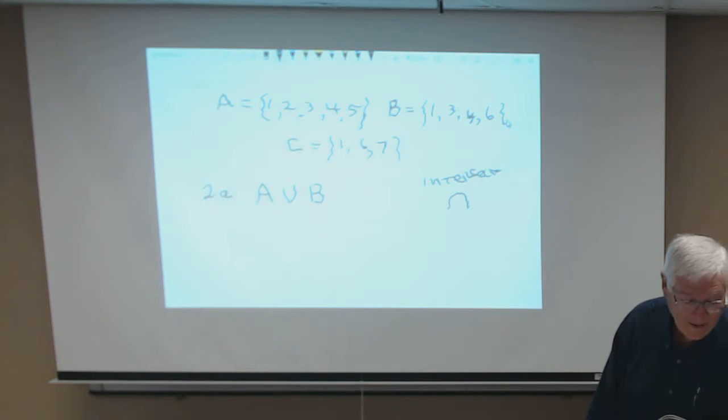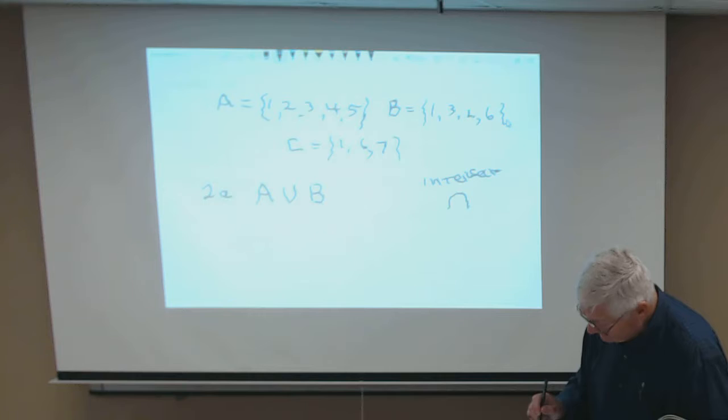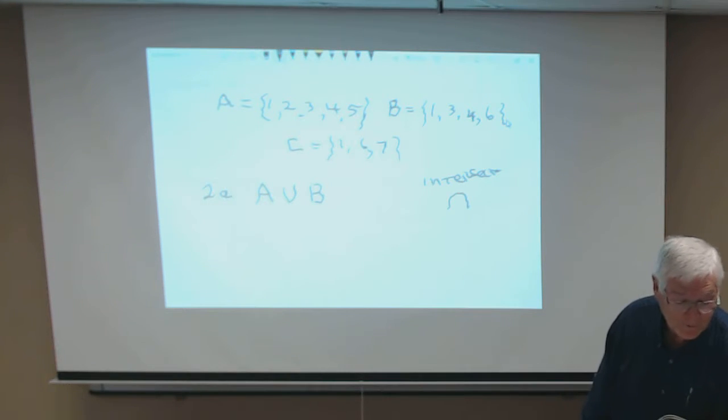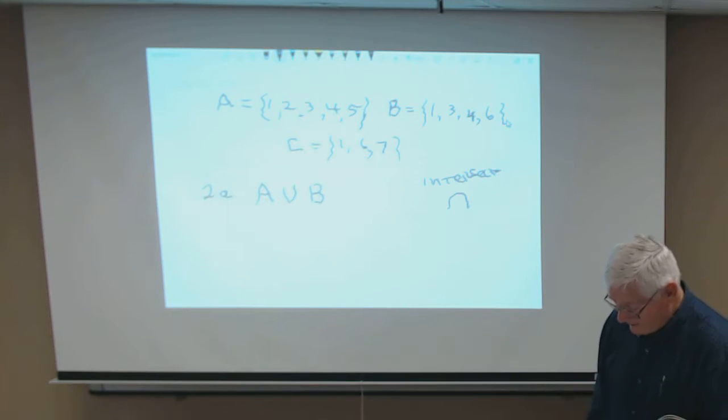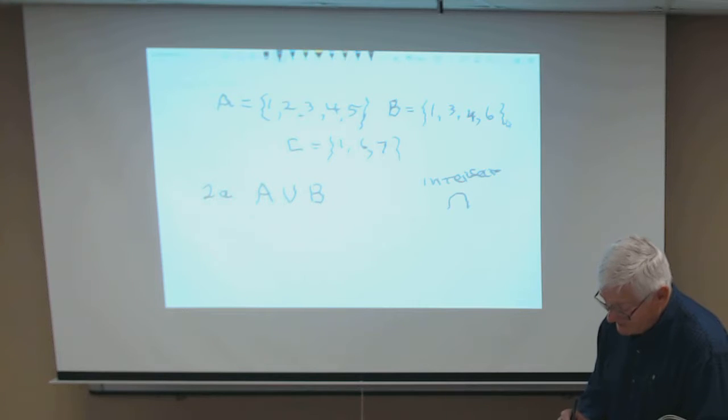So now let's look at 2A. It says take set A, that's 1, 2, 3, 4, 5, and set B, 1, 3, 4, 6, and unite them. Put them together. So what set would I end up with when I unite those two? 1, 2, 3, 4, 5.